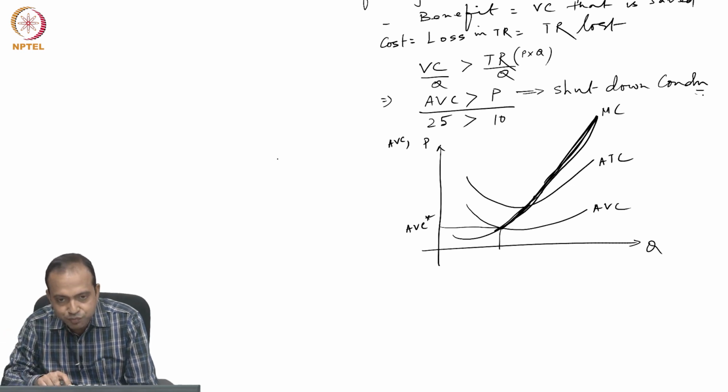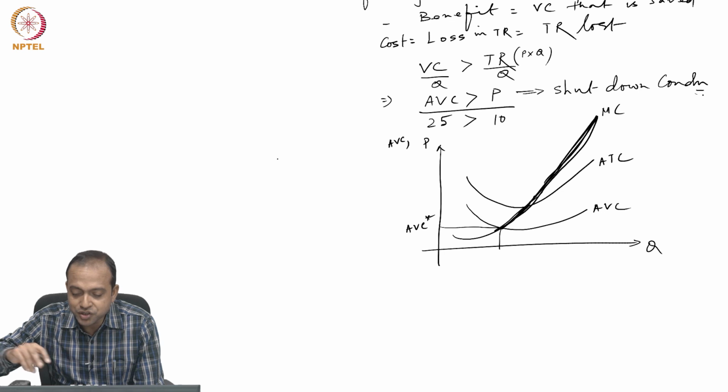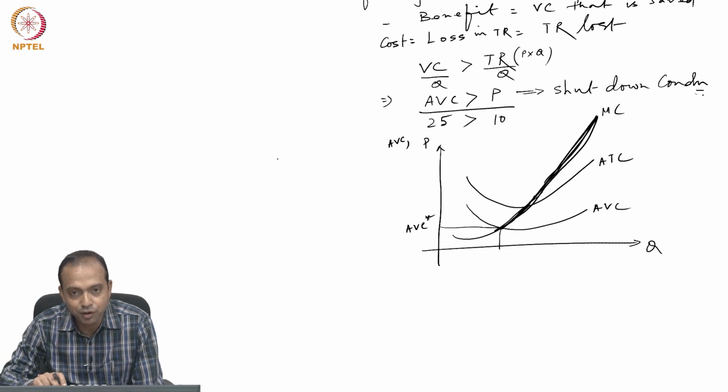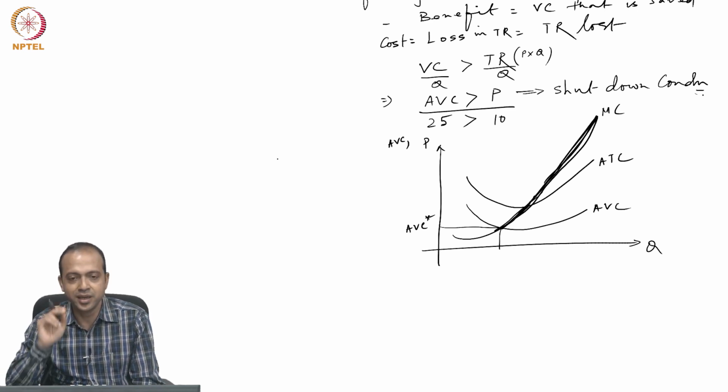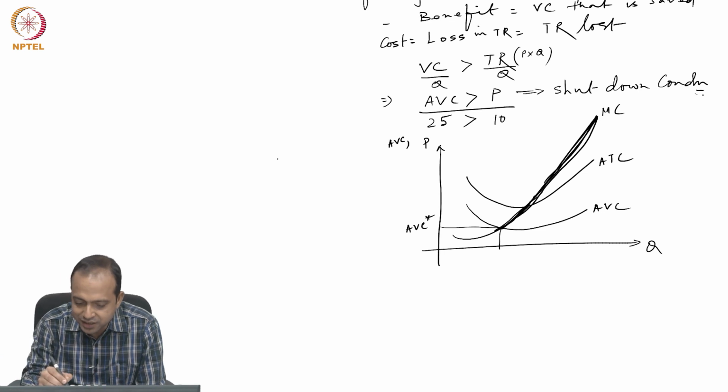If price falls below that AVC, then farmers will not be able to supply. So, the upward sloping MC starting from the point where P is greater than AVC. All right. So, not the entire MC is the relevant supply curve.